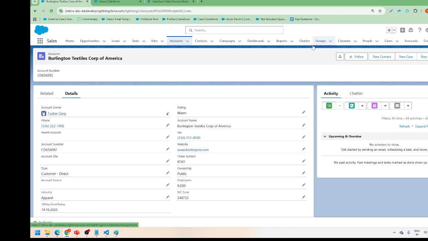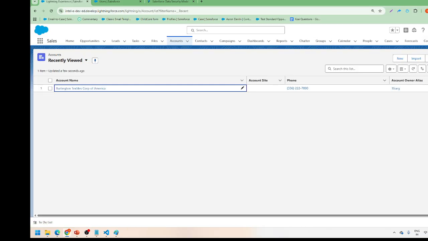And what is record level security? I am logged in as Tushar Garg. Now Tushar Garg has 100 accounts, and there is one more person, Darshan Singh, who has 50 accounts. So Darshan can see their own accounts and Tushar can see their own accounts.